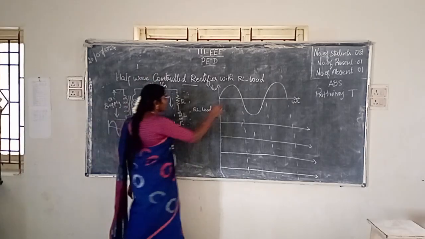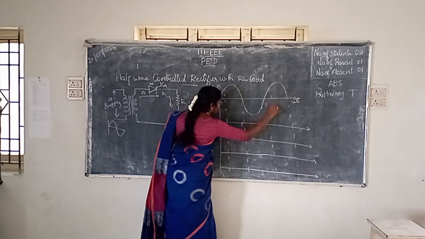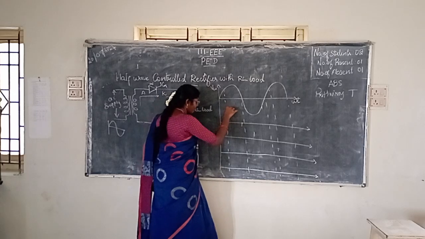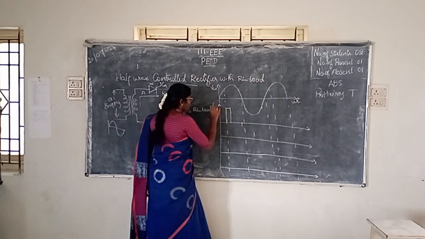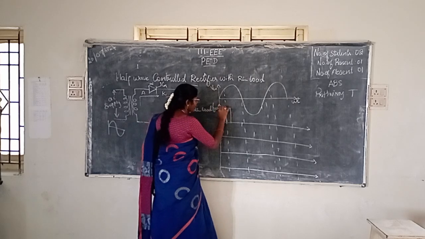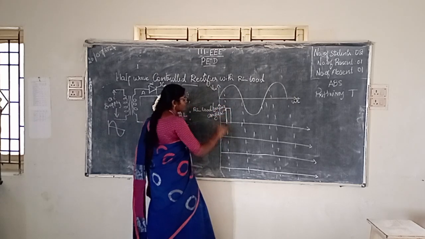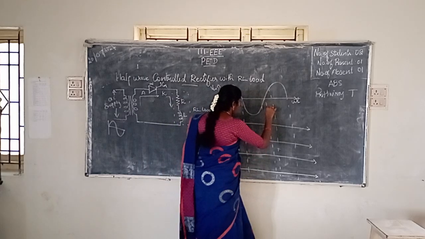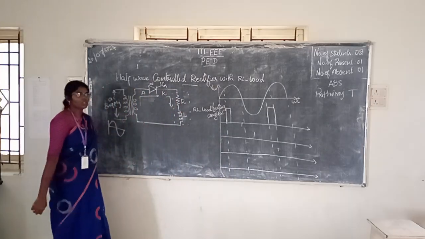So after some degree of alpha, this is your firing angle alpha. Since it is a half-wave rectifier, it will conduct only during the positive half cycle.